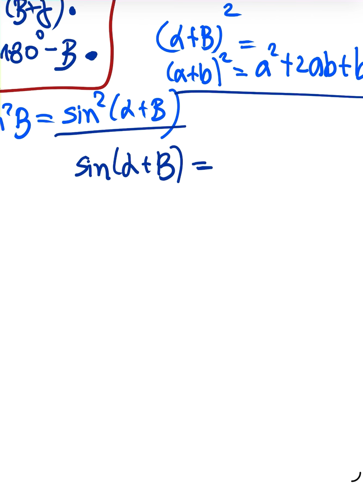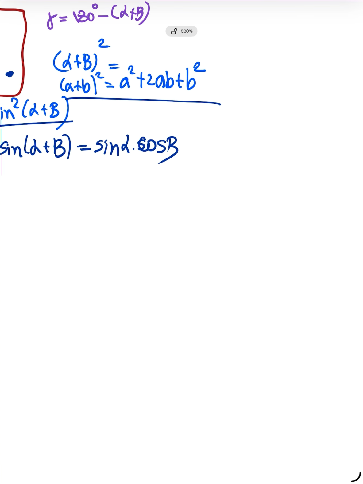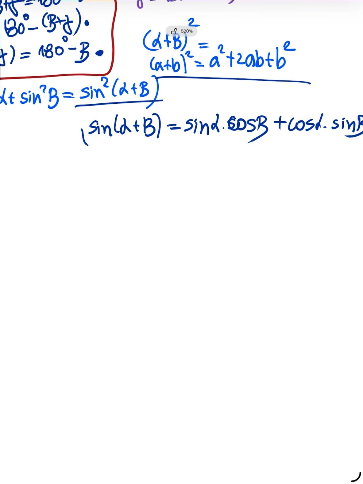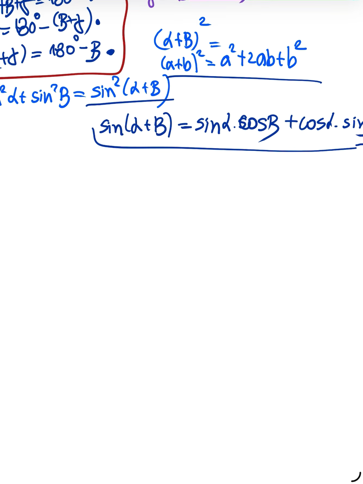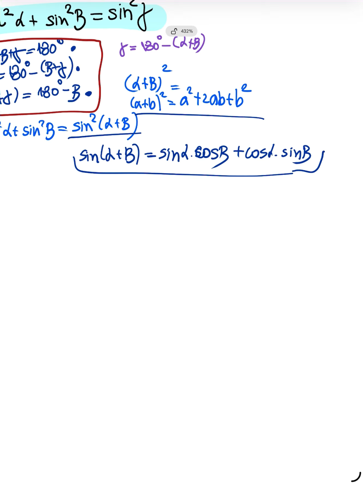So we have the sinus formula for the sum of two angles, which is equal to sinus alpha times cosine beta plus cosine alpha times sinus beta. This is obligatory to be known by students that are learning mathematics here in Bulgaria. We are studying this in 11th grade, and we are obliged to know it till the end of the year because it's part of our mathematical preparation. So we combine the two formulas.